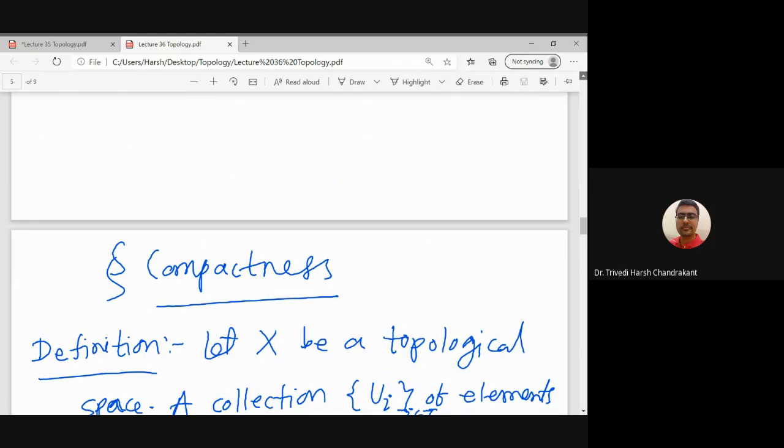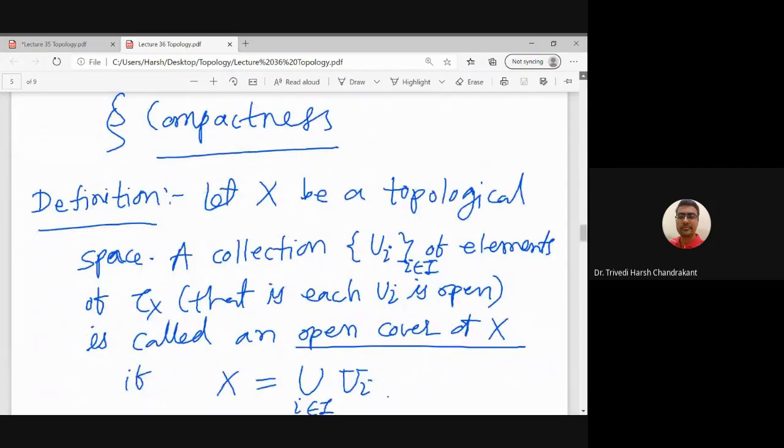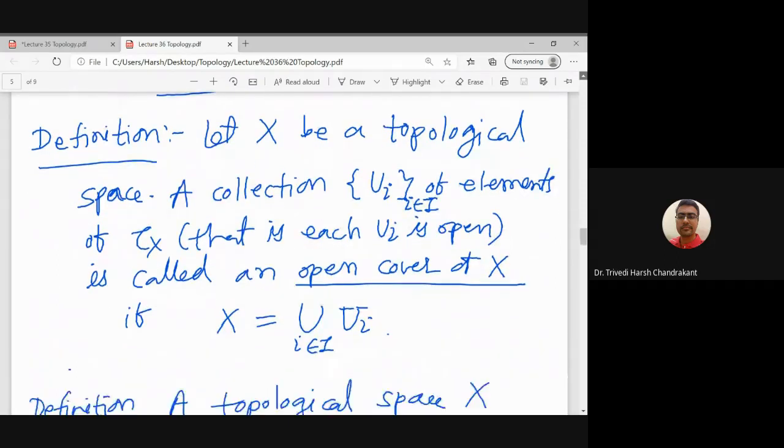So let us see what is the definition of compact spaces. If X is a topological space and I have a collection of open subsets of X, let us say Ui, indexed by I. So Ui basically belongs to tau X, that is the meaning of Ui's being open.